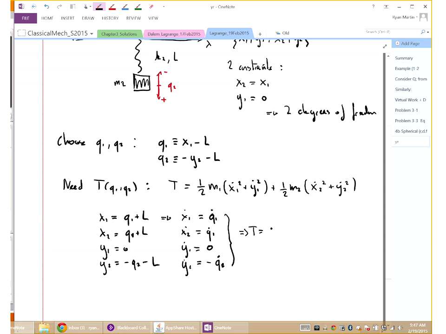So putting all this together, the kinetic energy is now a half m1 times x1 dot squared, which is q1 dot squared, plus a half m2 times x2 dot squared, which is q1 dot squared, plus y2 dot squared, which will be q2 dot squared. So we have now what we wanted, the kinetic energy in terms of our generalized coordinates.